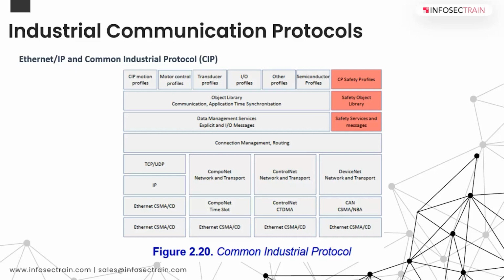And because of this, especially earlier, when we were talking about different industry sectors, we were speaking about batch processing, continuous operations, and discrete manufacturing. So CIP as a protocol makes a lot of sense to be used in discrete manufacturing.